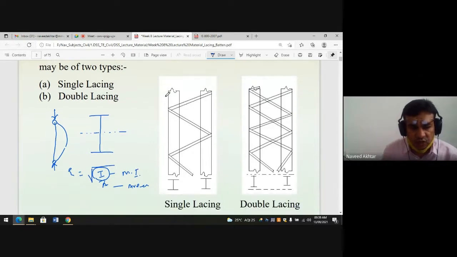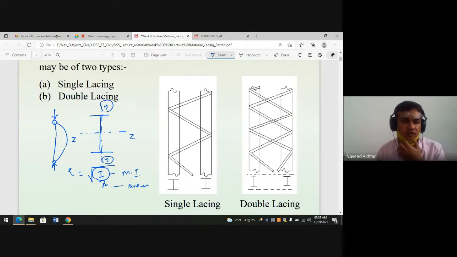In two directions, this is the ZZ axis, the major axis, and this one is the YY axis, the minor axis. So mostly the YY axis, the minor axis, has very little radius of gyration in a single section.